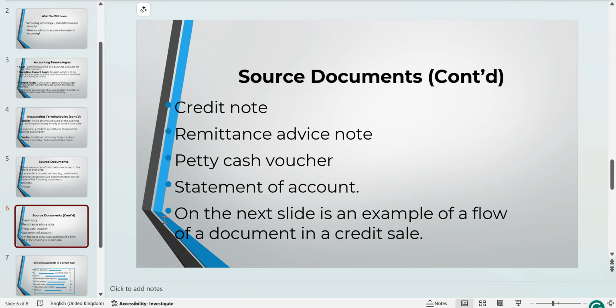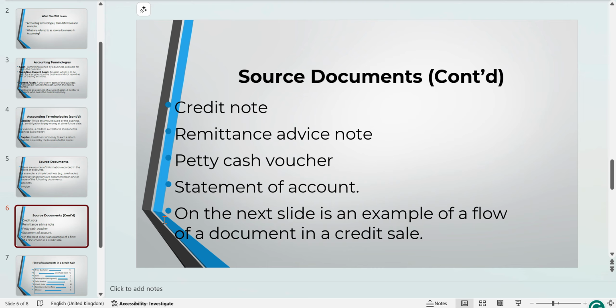A credit note is issued when, if you return something to a supplier because you're dissatisfied with the product, they will issue you a credit note. When you issue a credit note to a customer, it is because the customer returned the goods to the business, and therefore you issue a credit note.